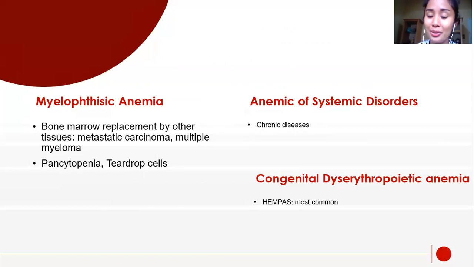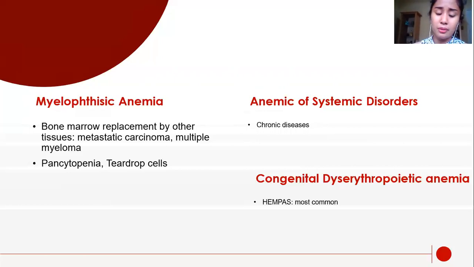In your bone marrow, there is the infiltration of abnormal tissues. Infiltration of tissues. Anong tissues yun? Cancer. Multiple myeloma, plasma cells can go inside your bone marrow. So they can accumulate in such a way that these tissues will outgrow or replace the tissues in the bone marrow.